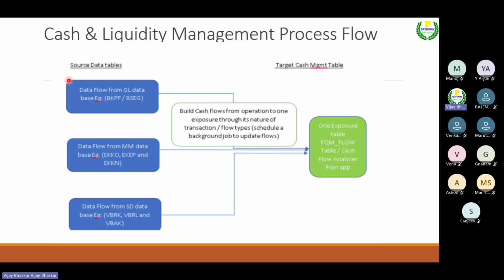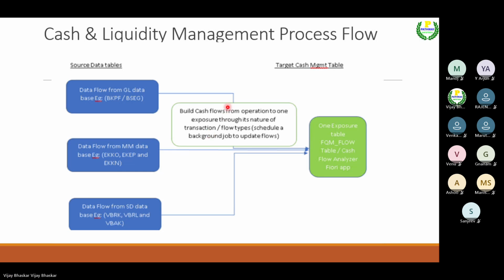First, this is just the high level source database. Data flows from the GL accounts, BKPF, BSIG, and here you could see the data flow from the MM, and the tables which I have described here. Then data flows from the SD, sales and distribution, VBRK, VBRL, and other tables.